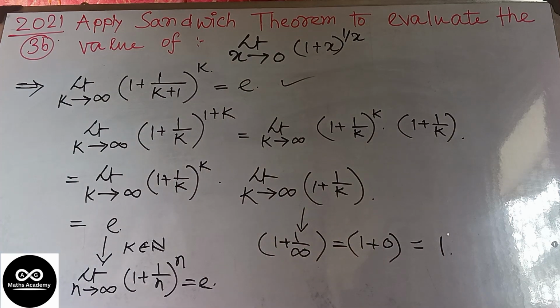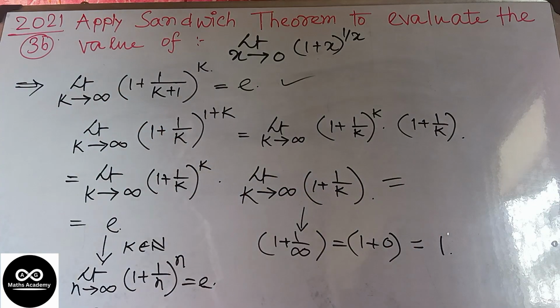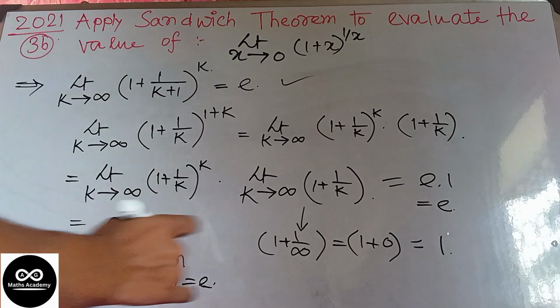So the whole limit will be e into 1, which will be e.